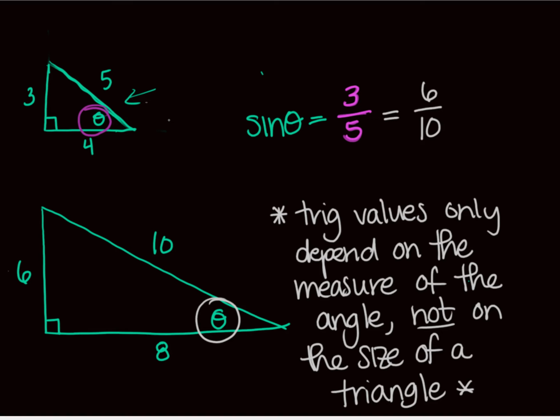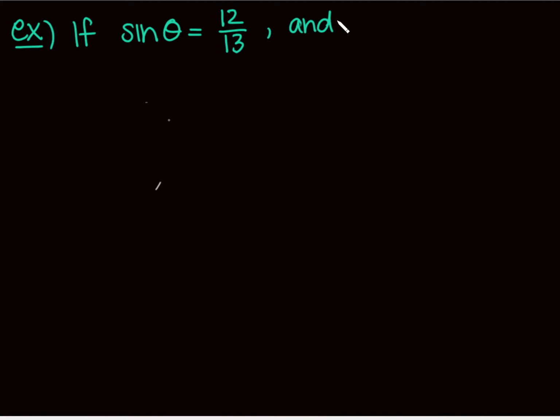Okay, so let's go ahead and do another example. What if I give you, let's get crazy here, heaven forbid I use a different color, I'm a creature of habit. So let's say the sine of theta is equal to 12 over 13, and theta is an acute angle.